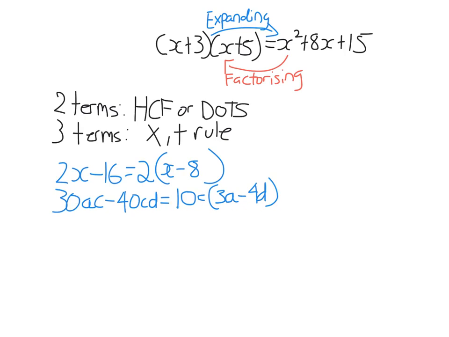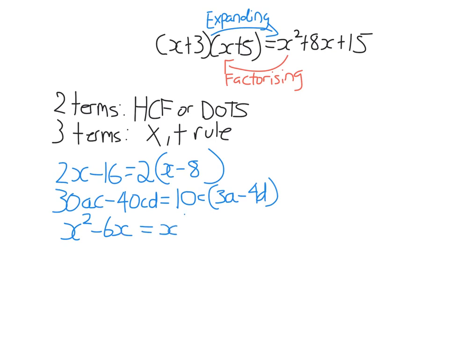Now, normally, we're factorizing quadratic expressions. They're expressions with an x squared term. So for something like x squared minus 6x, well, there are two terms here. This time, the highest common factor is not a number. The highest thing that goes into both of them is an x. And x is common to this term and this term.